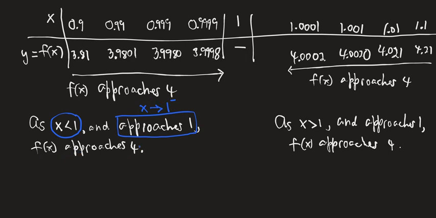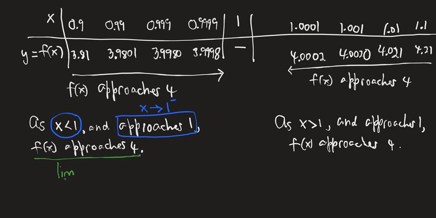And then what do we do about this part? Well, as far as the f of x approaches 4, this whole idea, it's not so much that we're going to use an arrow. We're only going to use the arrow for the independent variable. For the dependent variable, in this case your y, when that approaches a number, we're going to say that that is represented by what we call a limit, right?